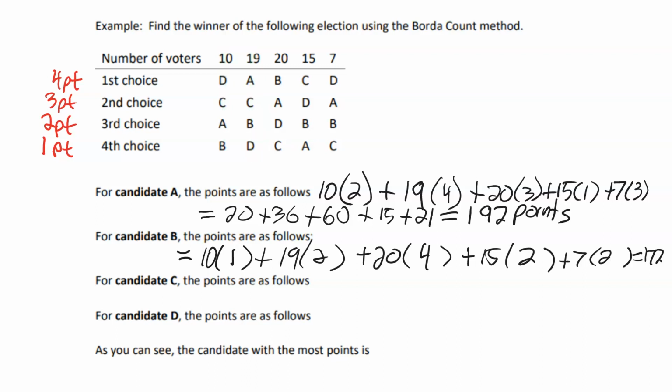Now for candidates C and D, let me demonstrate that you can go by rows. I would go by the first row. These votes are worth 4 points each. So I would write 4 points. How many total votes did candidate C get in that first row? Right there, C, 15 people.